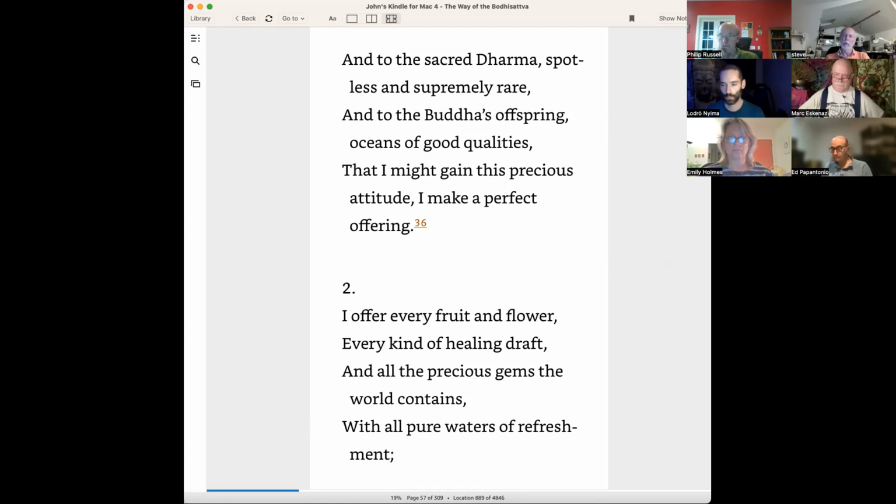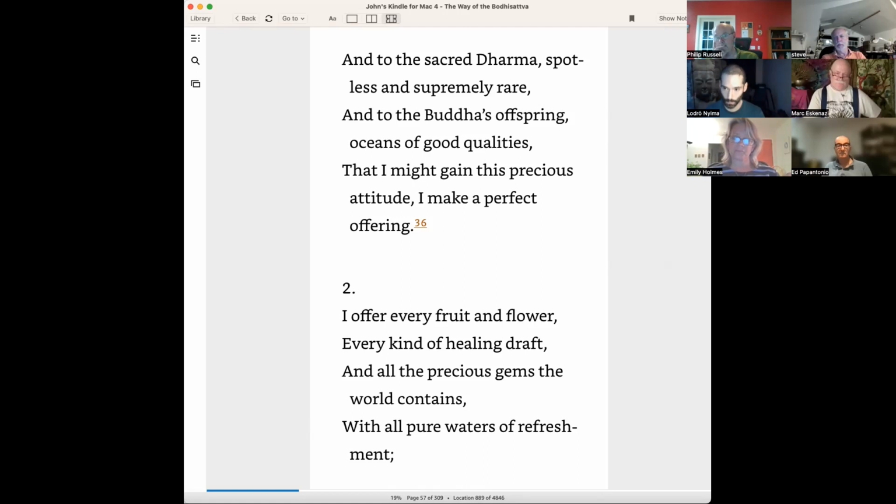The idea of offering, for instance: each one of the different parts of the sevenfold service acts as a remedy or antidote. It's not hard to see how offering would be an antidote to attachment, to self-clinging, to self-cherishing. And that's exactly how it's supposed to work. So it's not an empty ritual, it's an actual practice. And we can engage in it as we go through this chapter.